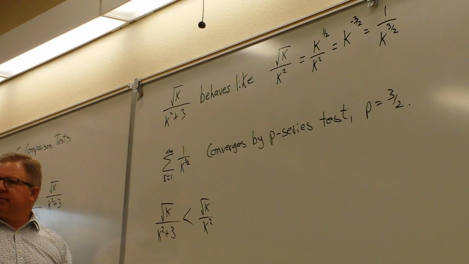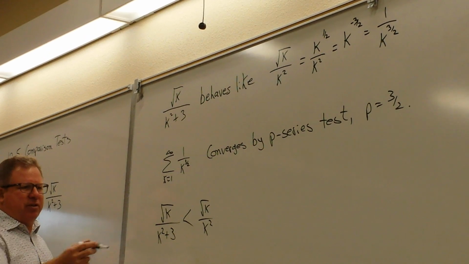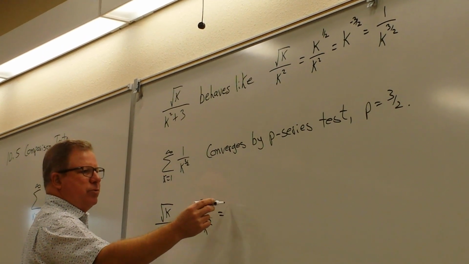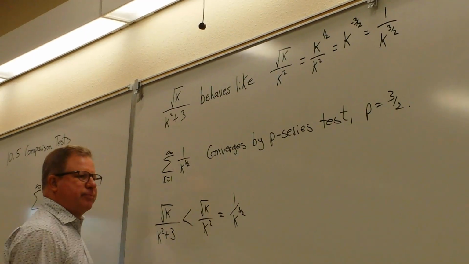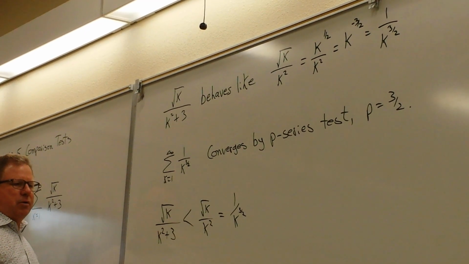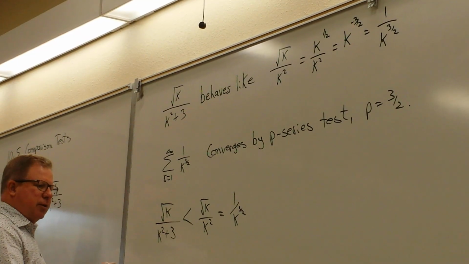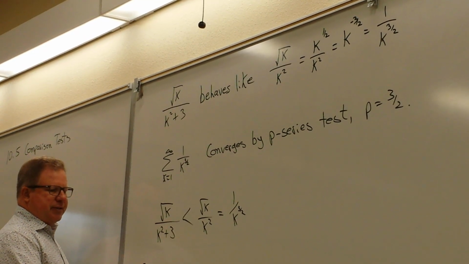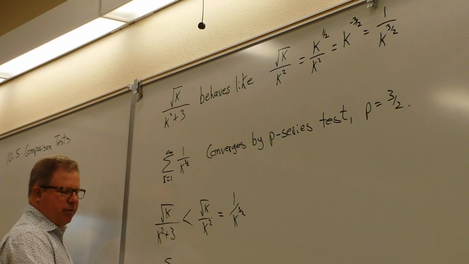Correct? Let's state it this way. This is less than that, which equals 1 over k to the 3 halves.